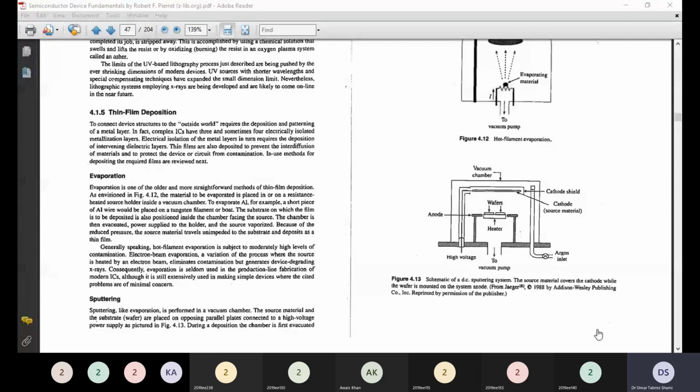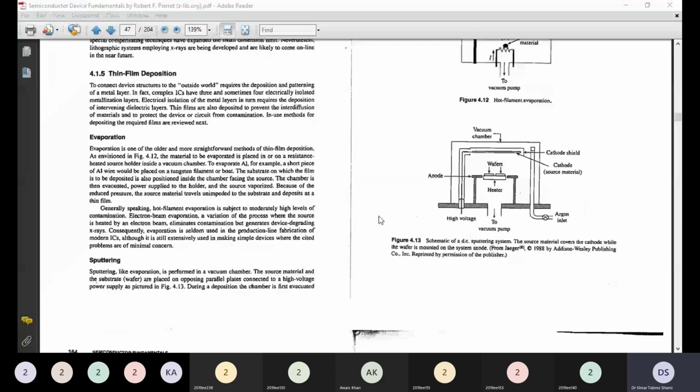Subsequently, evaporation is seldom used in the production line fabrication of modern ICs, although it is still extensively used in making simple devices where the cited problems are of minimal concern. So this was the evaporation technique, and then comes the sputtering technique.